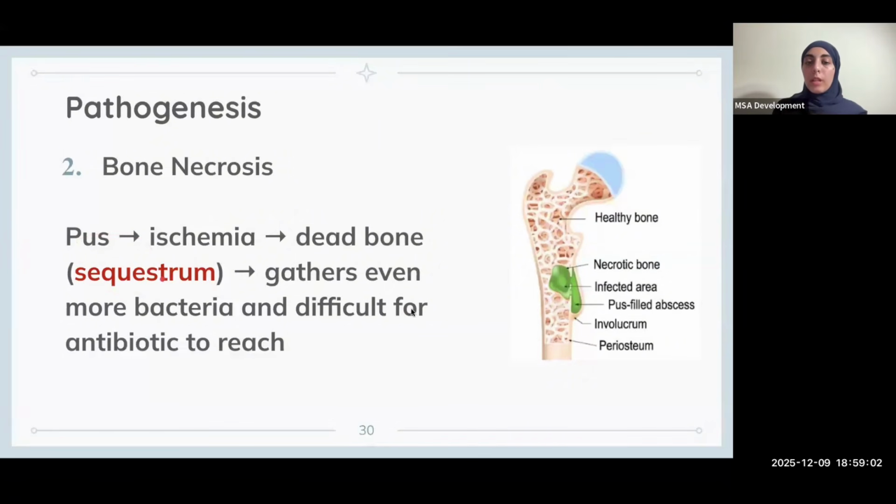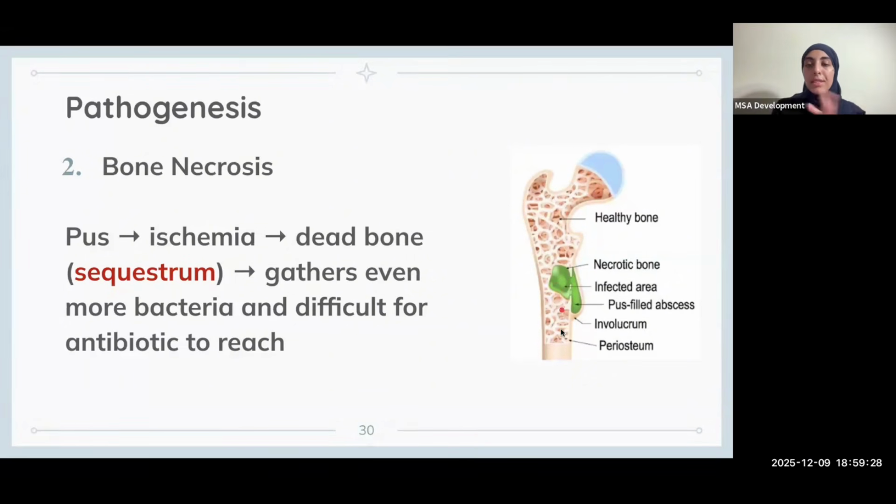So the sequestrum, or dead bone, forms a kind of barrier over here. And the dead bone is going to attract even more bacteria. The bacteria is going to sit there because this dead bone doesn't have blood flow, and if it doesn't have blood flow, it's not going to have immune system. So the bacteria just goes and hides in this dead bone, the sequestrum.